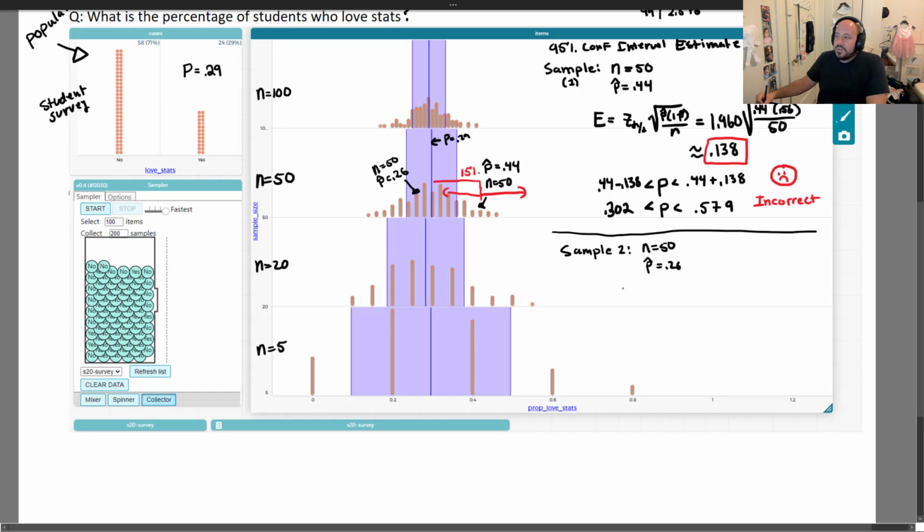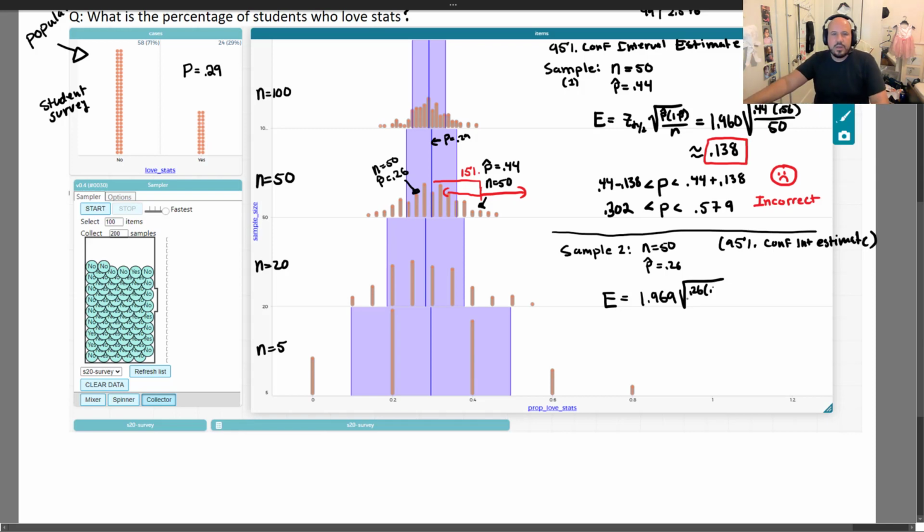And I'm going to do the same thing. I'm going to compute a 95% confidence interval estimate. Once again, the way I do this is by going back to my margin of error formula, using that 1.960, that critical value, and then computing the standard error, which is 0.26 multiplied by... wait, hold on one second.